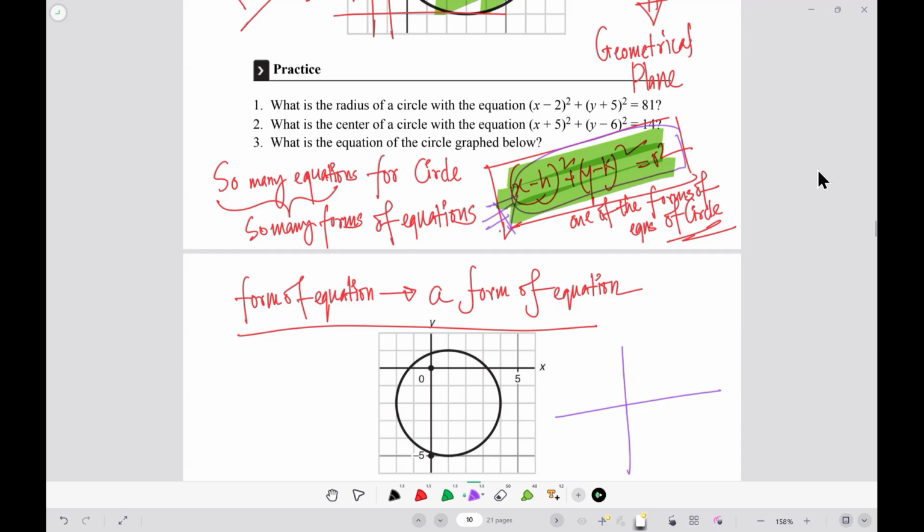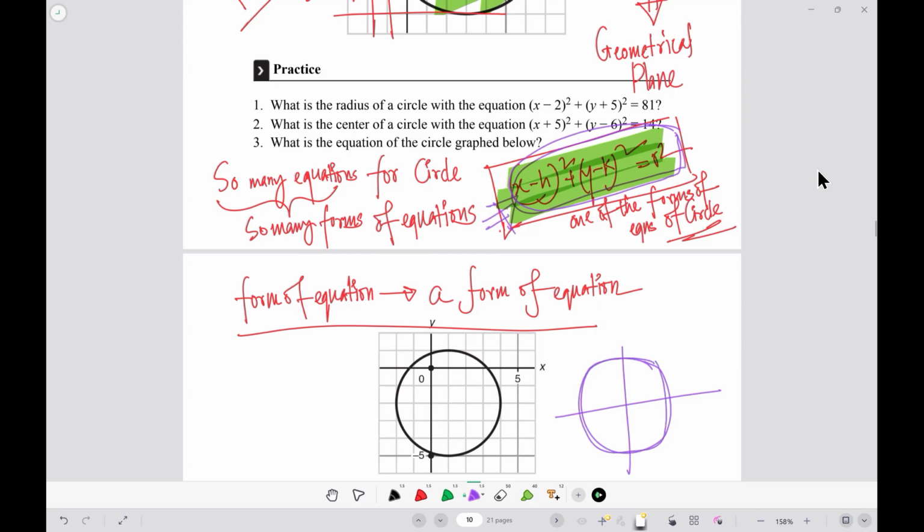For example, for this given equation, if you plot it on a graph paper, the circle will look like this. So x minus h whole squared plus y minus k whole squared equals r squared: if you plot this equation on a graph paper, then the geometrical object will look like this.